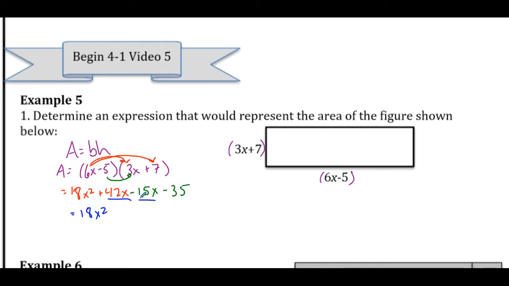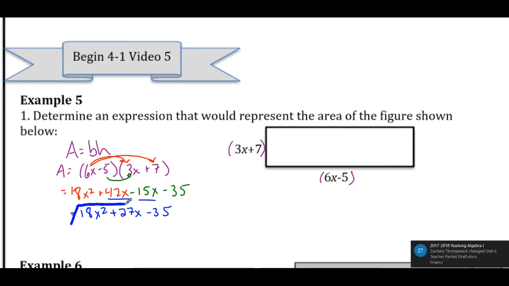So when I say 42 minus 15, I will get positive 27x, and then I've still got that minus 35. So my final answer is 18x squared. The area is 18x squared plus 27x minus 35.